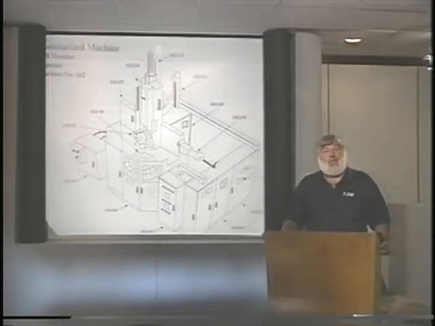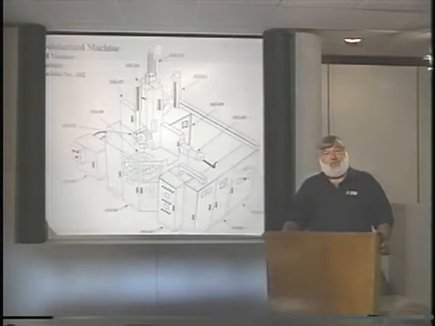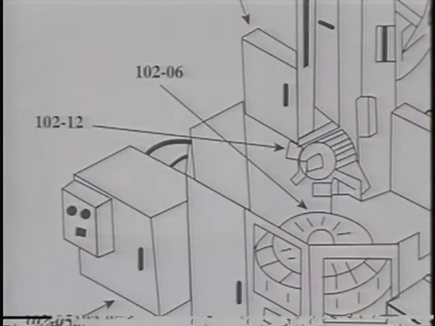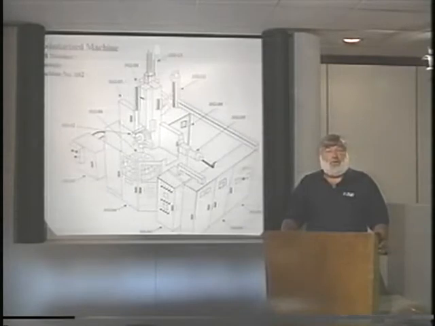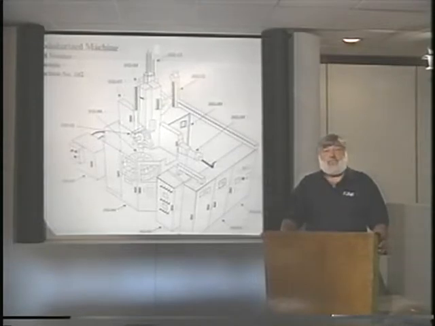And I'm going to move all the way to about the mid left-hand side where we have module number 102-06. And you notice that that arrow points to the turntable. This means that I need a mechanic who will support the maintenance requirements for that particular module.